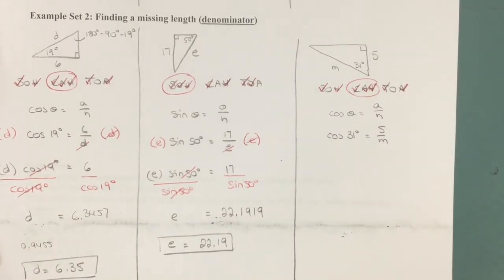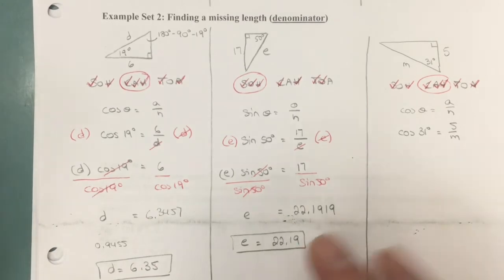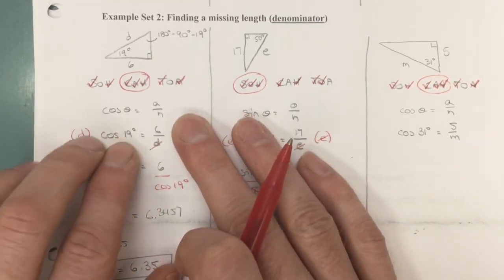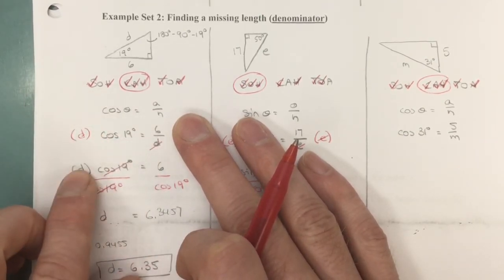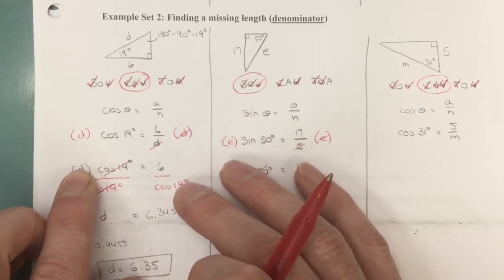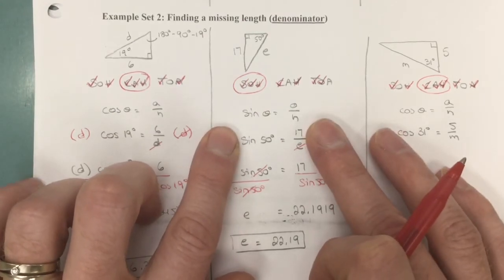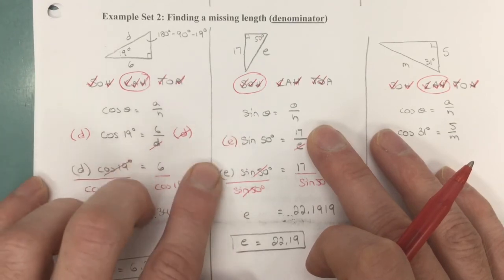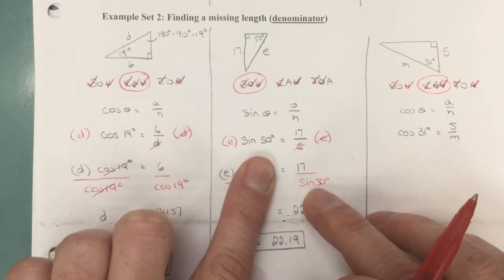And now we just need to solve for m. And before I do that, I just want you guys to see the following. Here's the beginning. Cos 19 is 6 divided by d, and so therefore d has to be equal to 6 divided by cos 19. If you look at this one here, you saw that sine of 50 degrees is 17 divided by e, and so therefore e has to be 17 divided by the sine of 50.